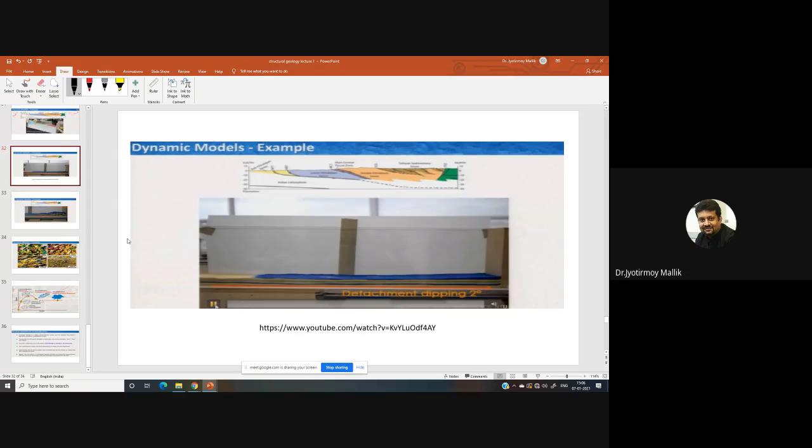The physical model and the computational model are done as complementary to each other. There are certain questions which you can answer better in numerical modeling, and certain questions you can answer better in physical modeling. Both of them are done parallelly. And there are a lot of standard softwares which can be used to do such modeling.